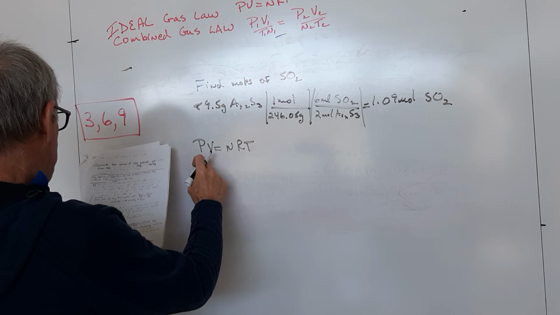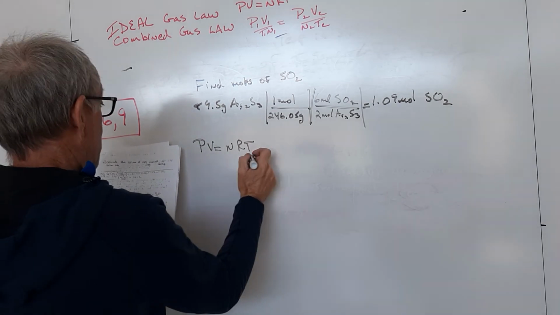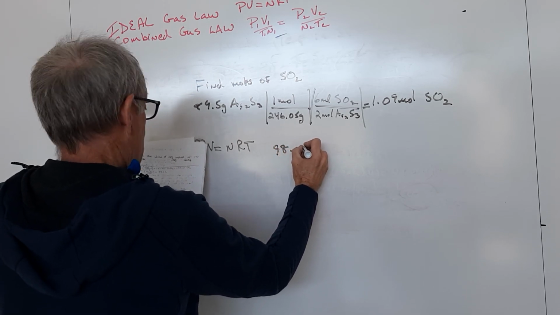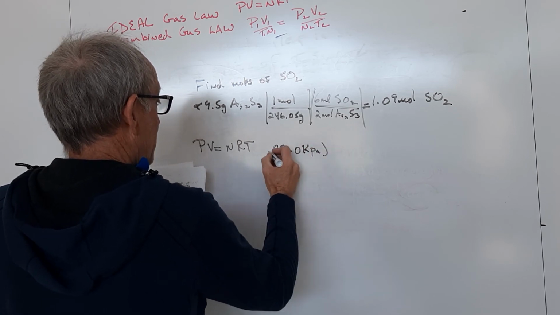Now I've got enough information to use PV equals nRT. What's the pressure here? The gas product is 98.0 kPa.